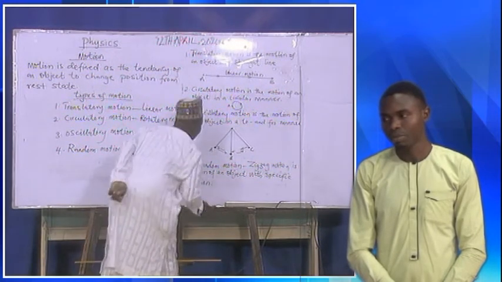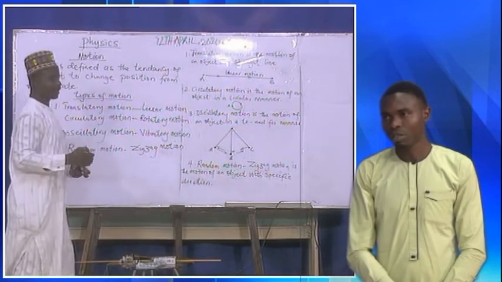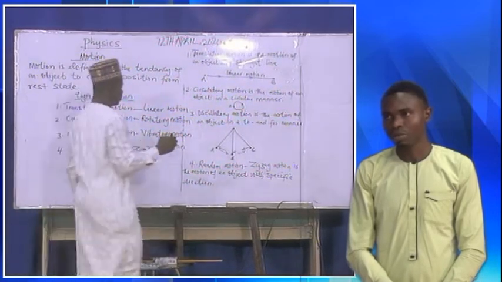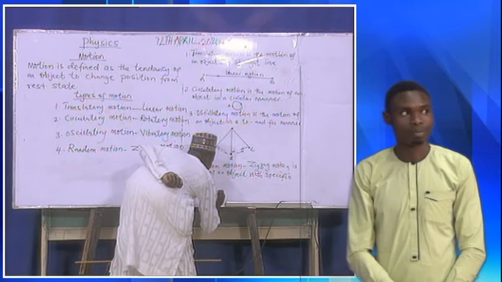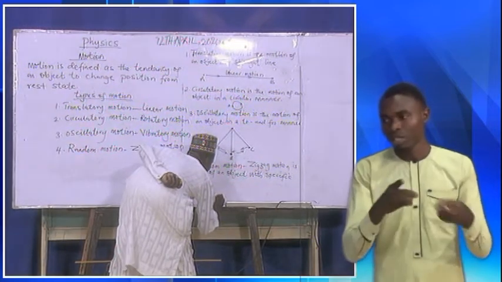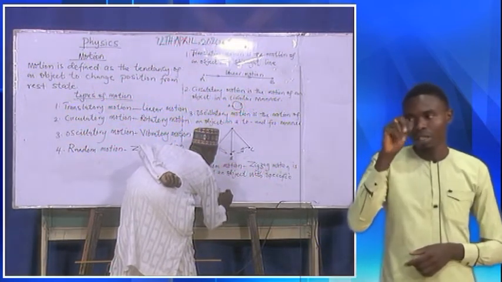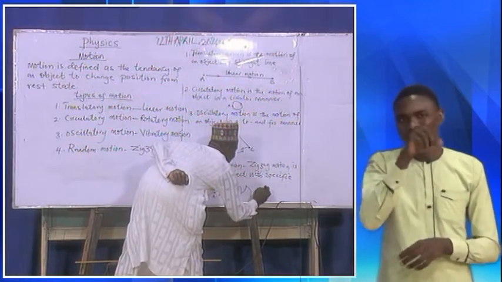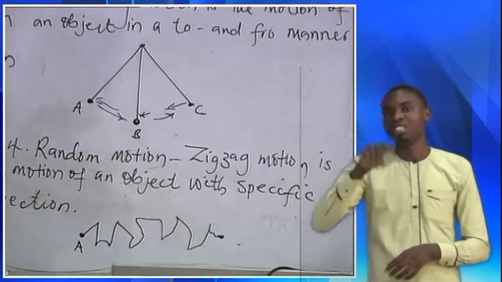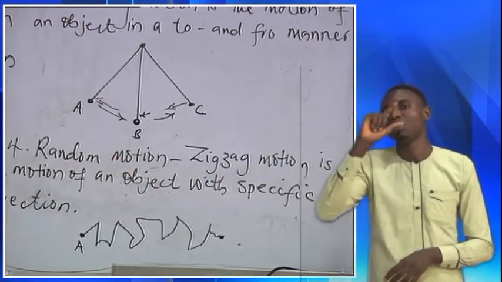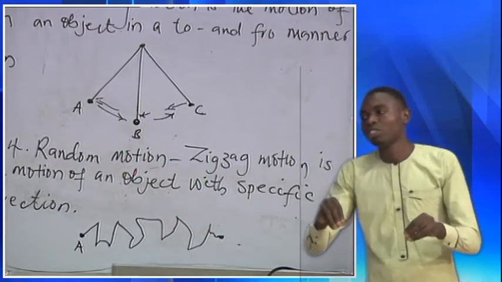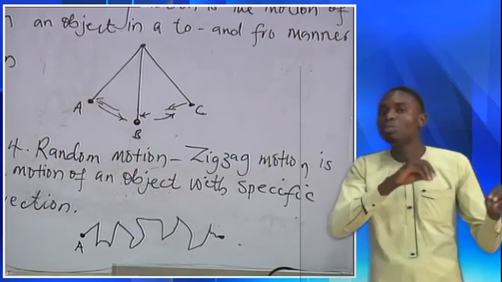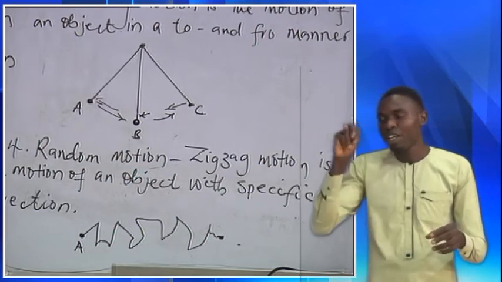So a body starting from point A, going this way, is doing what is called random or zigzag motion.